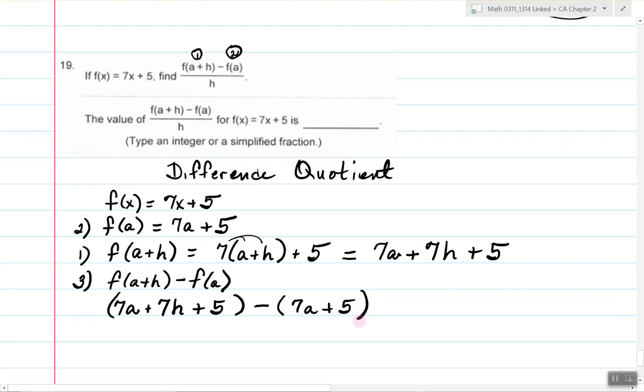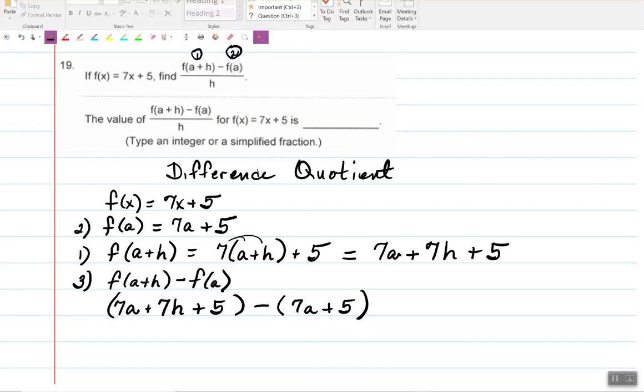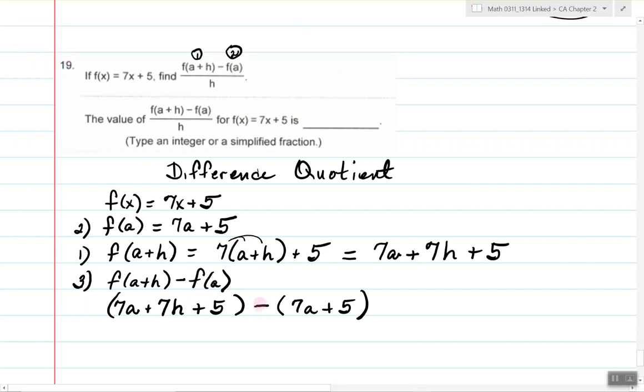Use your parentheses because we studied this earlier in the course. There we go. I'm going to change that. That gives me 7a plus 7h plus 5 minus 7a minus 5.